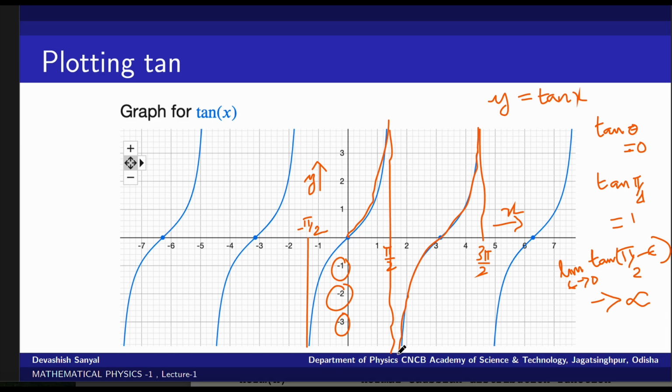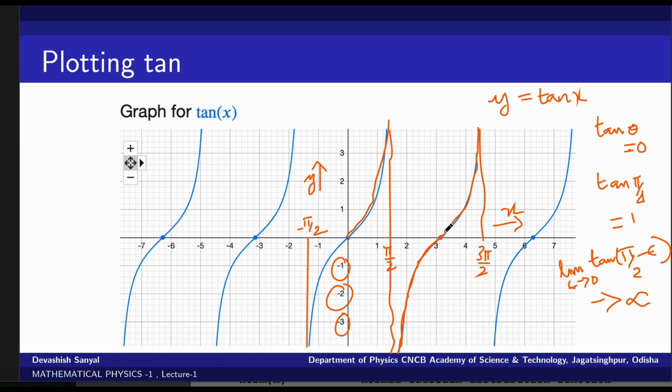So here again we have -infinity, and then it comes down from -infinity, then it reaches 0. So here I started from 0 and reached 0, and then it again starts going up.